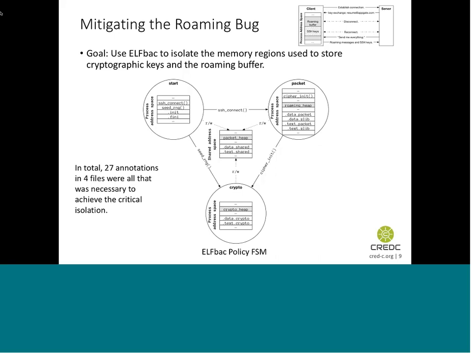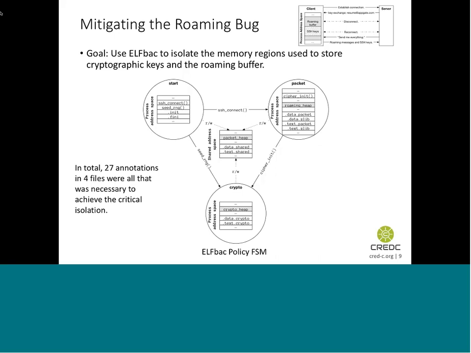Now, within each state, what you're seeing is the address space according to that state. That is the visible space within that state. So for example, in the packet state, you see a roaming heap. This would signal that we're creating a separate roaming heap that is visible only within the packet state. It turns out that occasionally the network code and the crypto code need to operate on the same data.